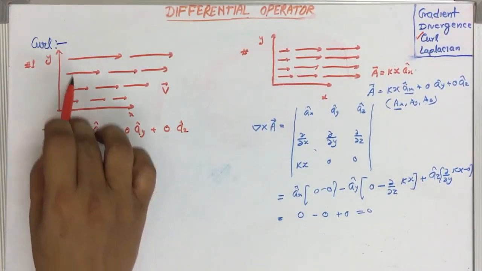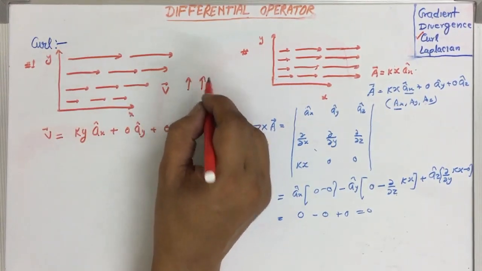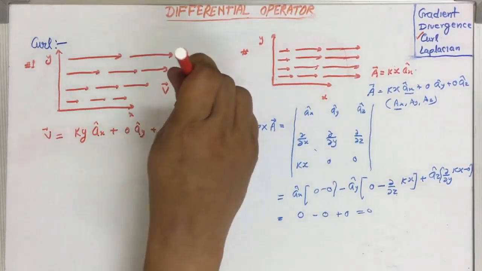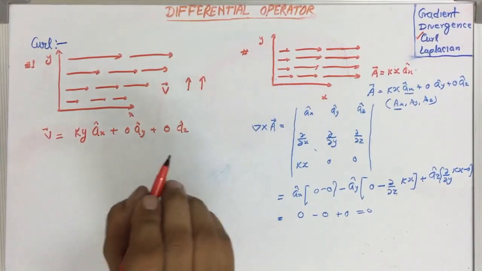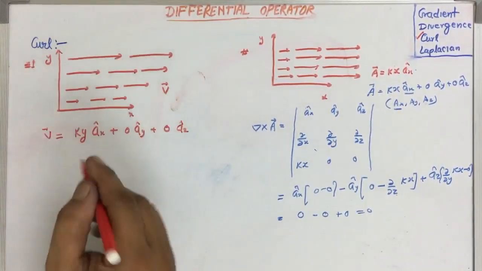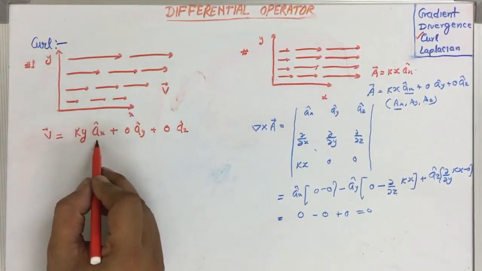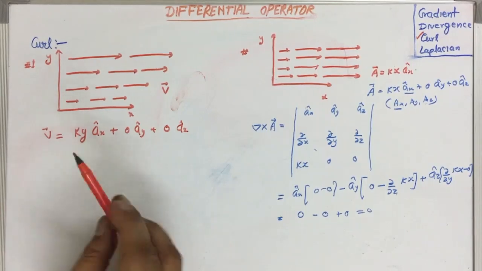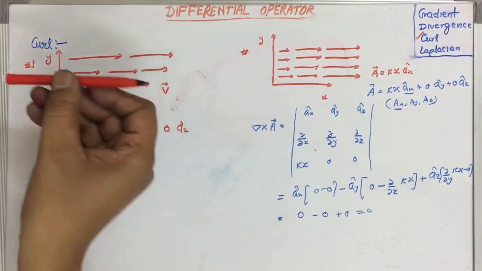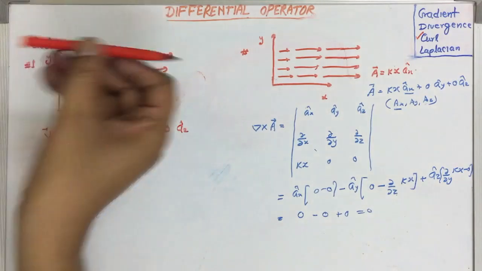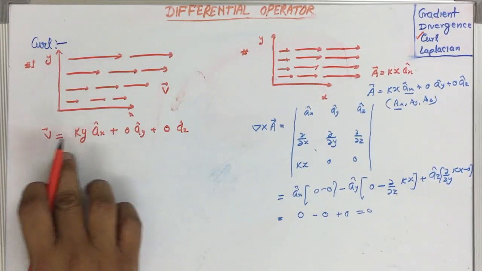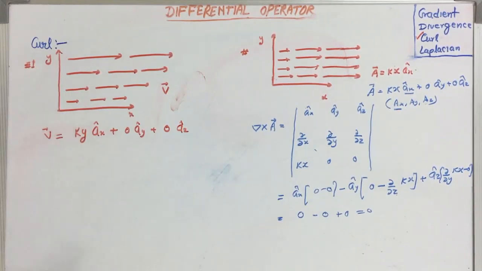The field is not moving in the direction of y, so 0 ay. The field is not moving in the direction of z, so 0 az. It is just moving in the direction of ax. But it is changing in the direction of y. As we move in the direction of y, the strength of the field is changing. Anyway, this is the statement for field V.